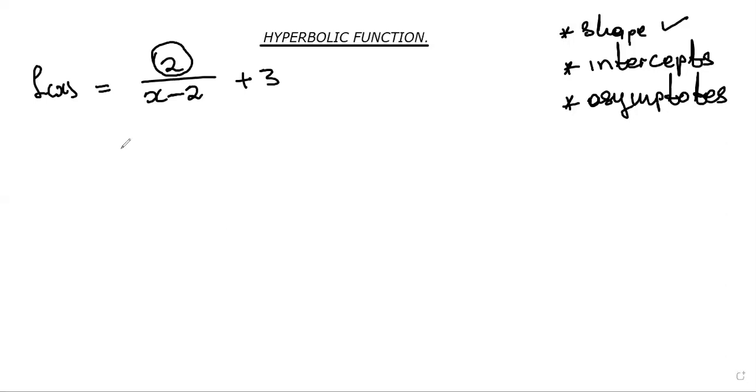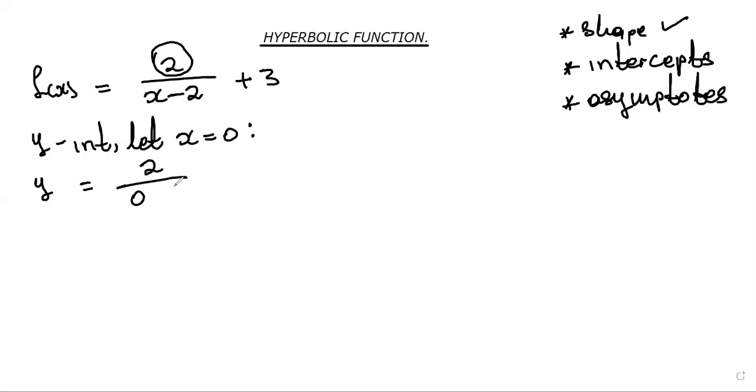So let's find the intercepts. The easiest intercept to find is the y-intercept. We know that every time we need to find the y-intercept, we must let x be 0. So this means we'll have 2 over, where I see x, I see 0, then I say plus 3.